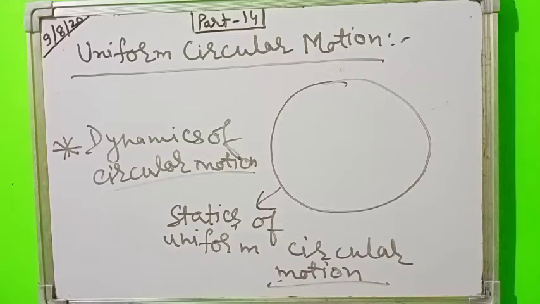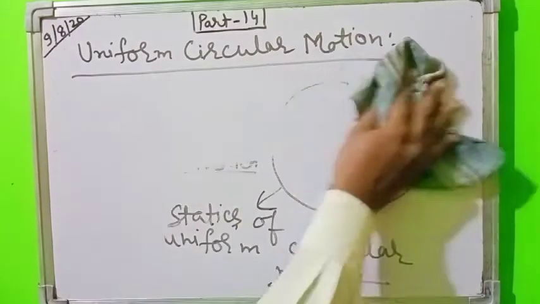Here we only discuss the statics of uniform circular motion, meaning what is the path traveled, what is the angular velocity, what is the angular displacement, and what is the relationship between them. So let us start the concept of uniform circular motion.